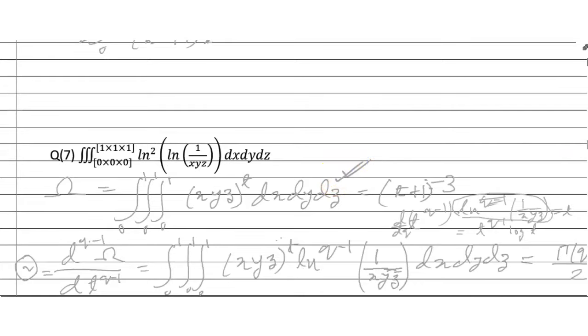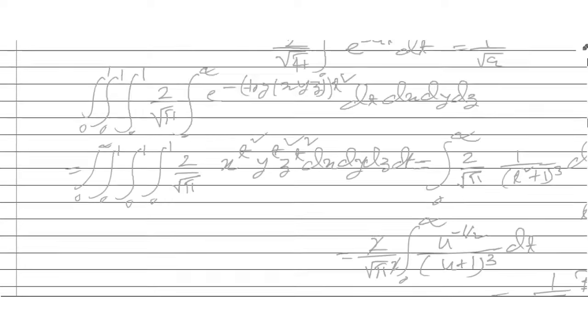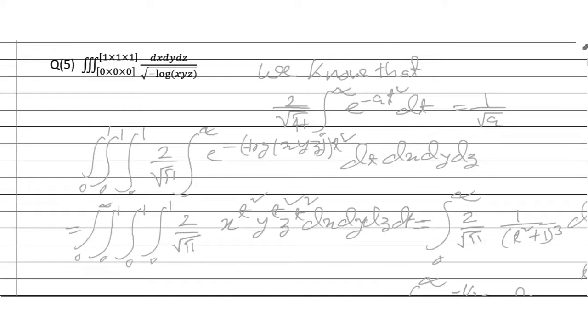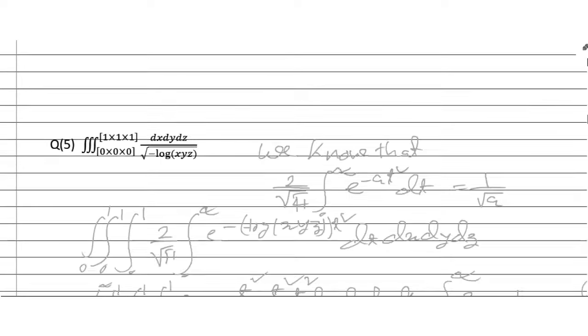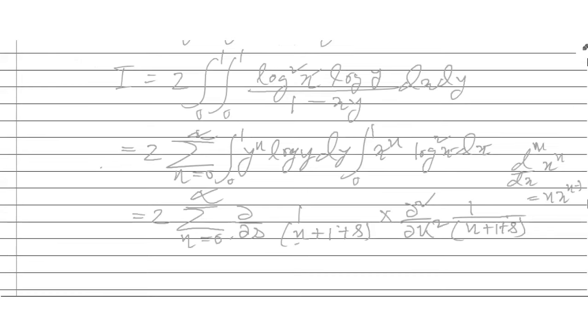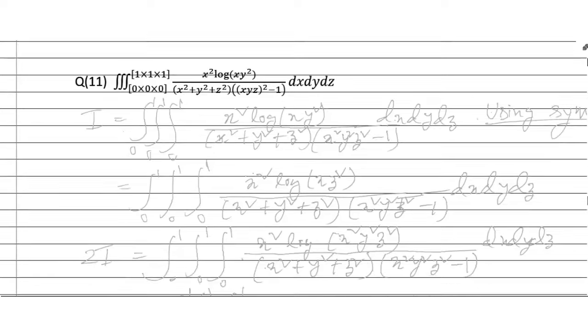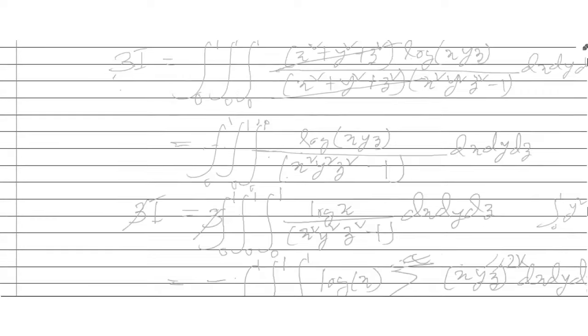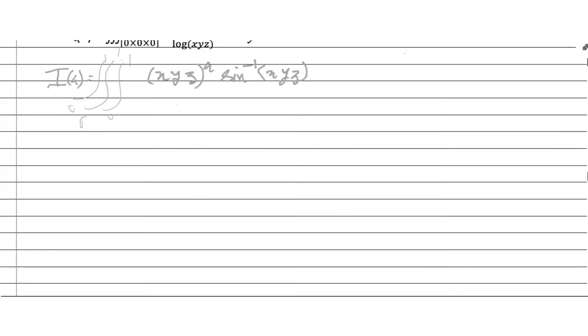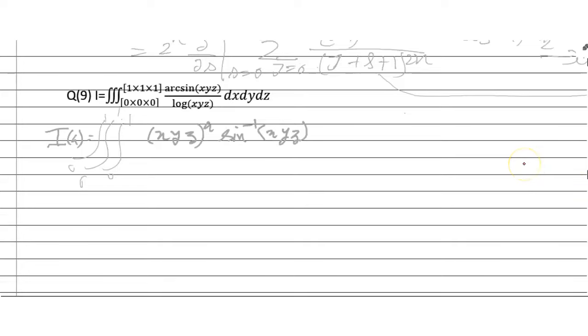This is one kind of technique. Another technique you will see in the procedure, this technique I will use in problem number 9. So friends, my target is to solve a total of 20 problems today.